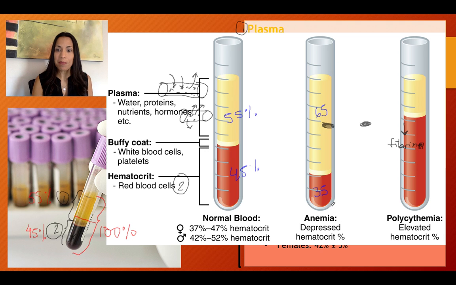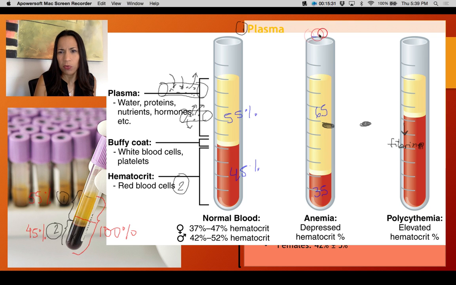So anemia can be because we have a reduced amount of red blood cells, so we are not producing enough red blood cells for any reason. We'll discuss that in class. But it can also be because we have an increased amount of plasma.